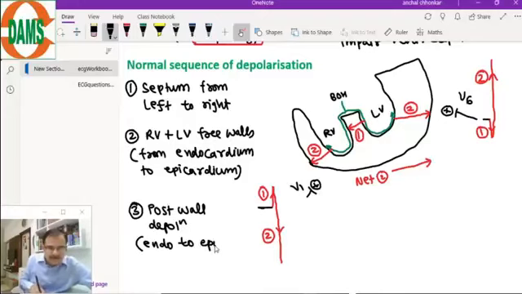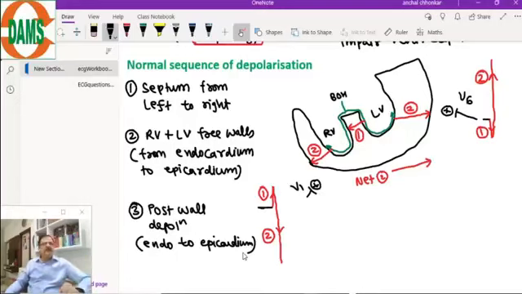Why is the net in the left direction? Yesterday we did that whenever 2 events are taking place simultaneously, the larger event will be manifested, and the larger event is obviously the left ventricle, not the right ventricle. So it will go towards the left ventricle side, away from V1. And if the depolarization or positive ions are going away from V1, it will show a negative deflection, that we have done in the basics earlier.